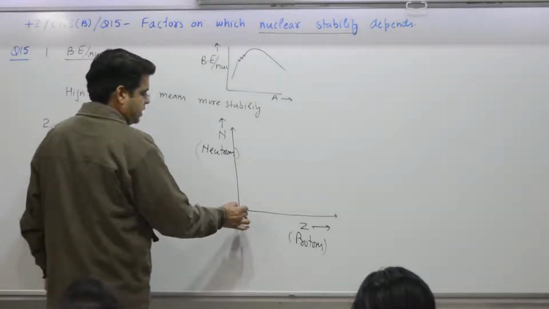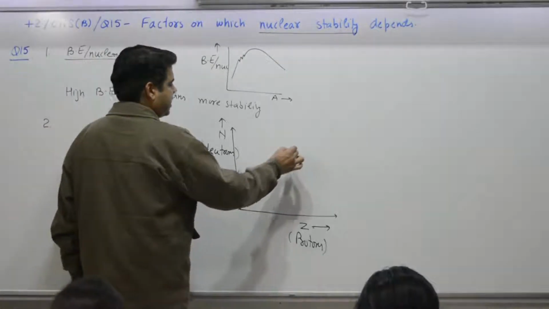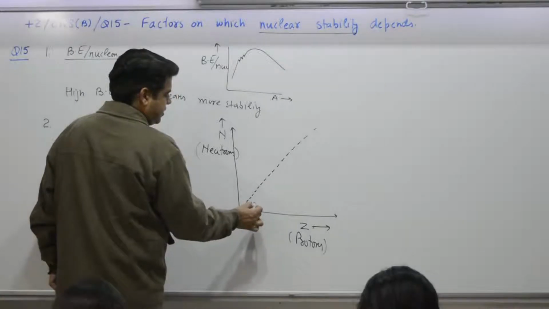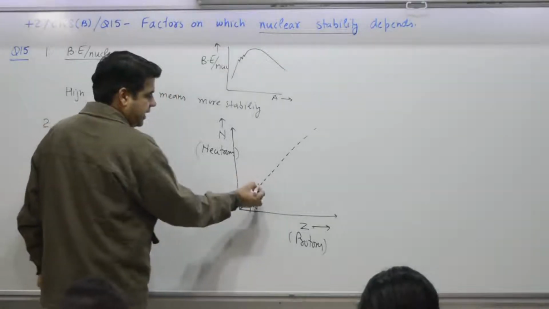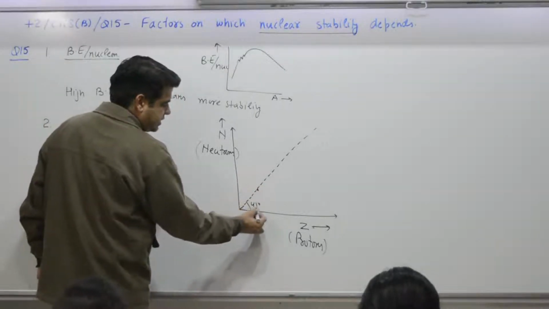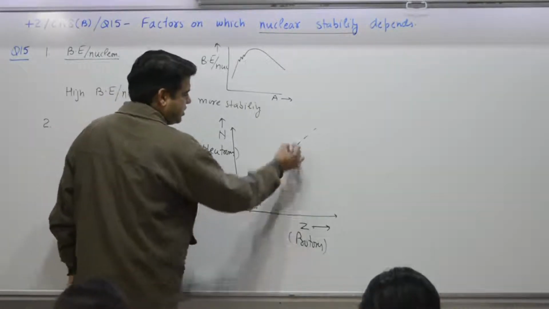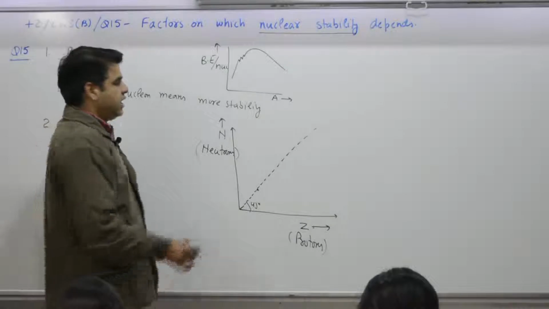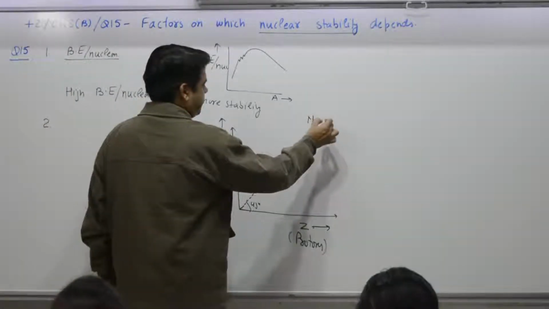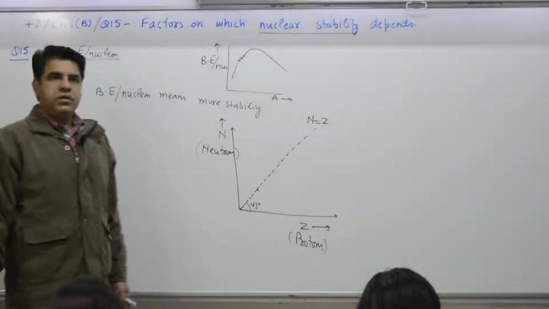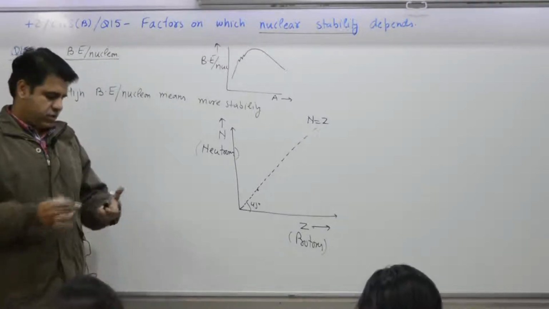If I mark a dotted line making an angle of 45 degrees, any point on it has N equal to Z: Z is 1, N is 1; Z is 2, N is 2; Z is 4, N is also 4. This line is the N equals Z line, where the number of neutrons is equal to the number of protons.